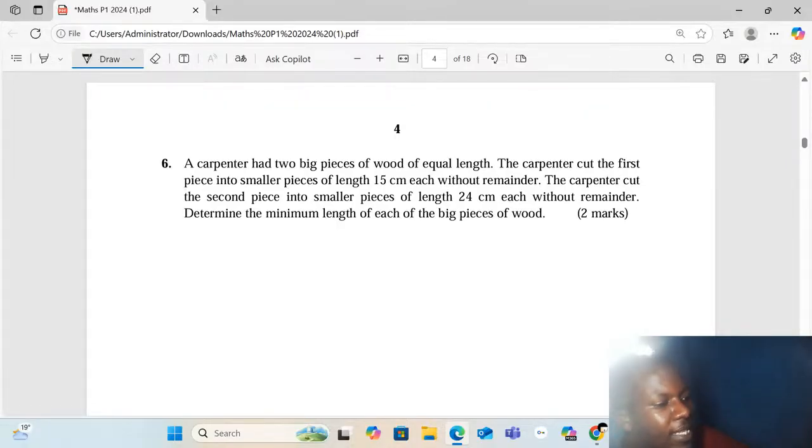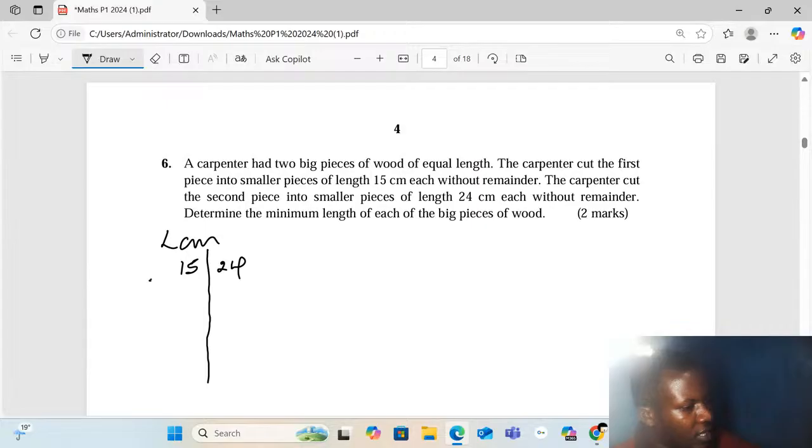Therefore, they want the least or the minimum length of the piece of wood. That means we are going to find the LCM of 15 and 24. That is how simple the question is becoming. Then you find the LCM.